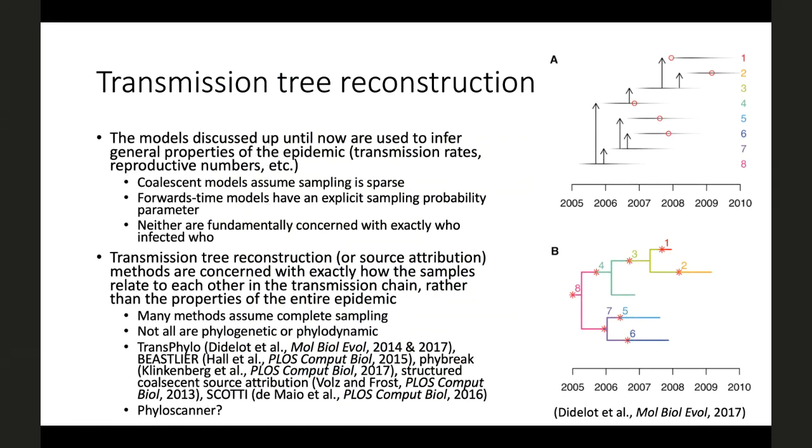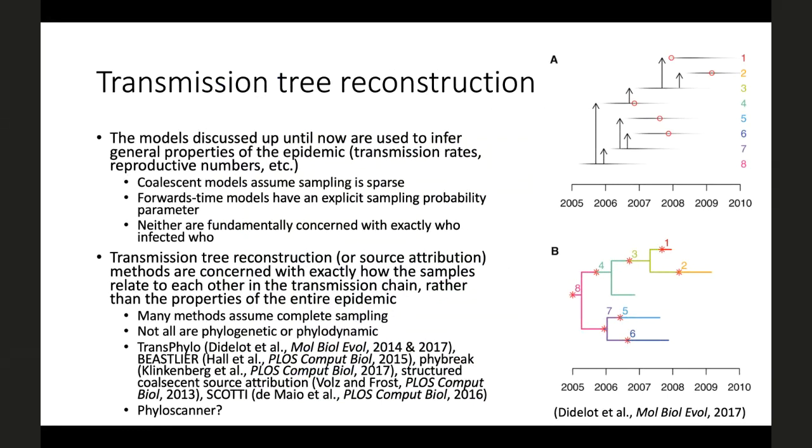Neither of these is fundamentally concerned with, given the sample you've got, working out exactly who infected who. Whereas there is a category of models for transmission tree reconstruction or source attribution that are more concerned with exactly how the samples interact in the transmission chain.